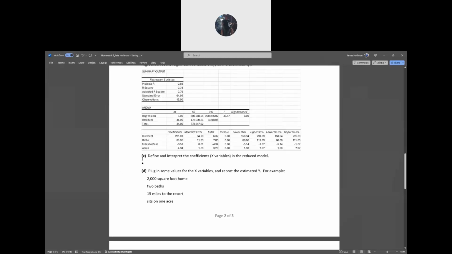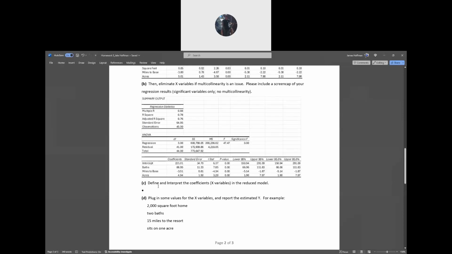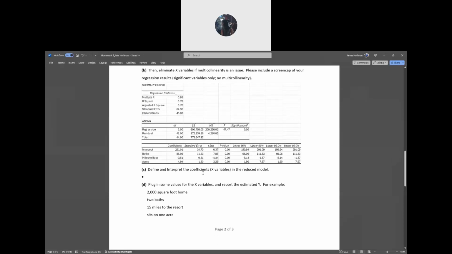The Bath's coefficient is 88.95. So this is pretty similar to what we did before. So how would you interpret that? Or actually, define and interpret the coefficients because I don't want to get confused. So let's do that first.